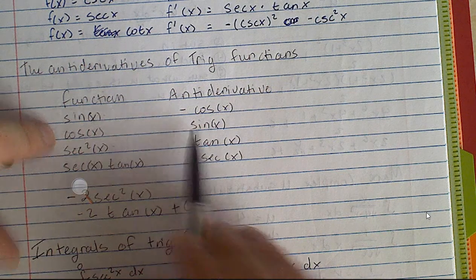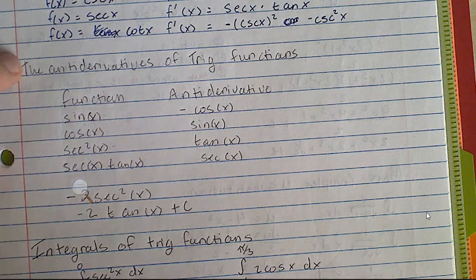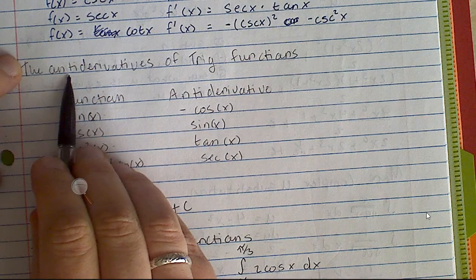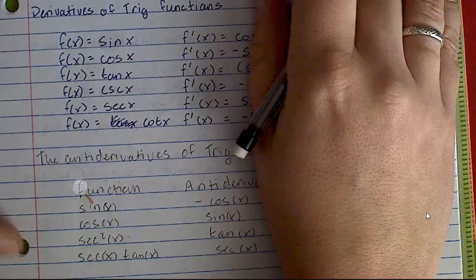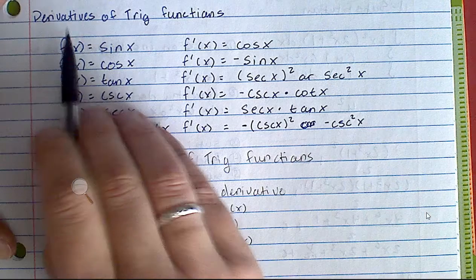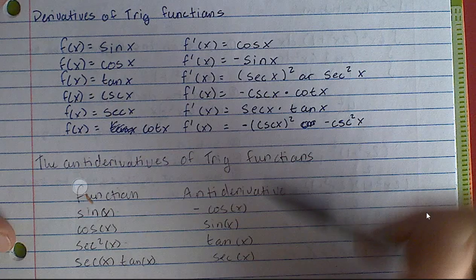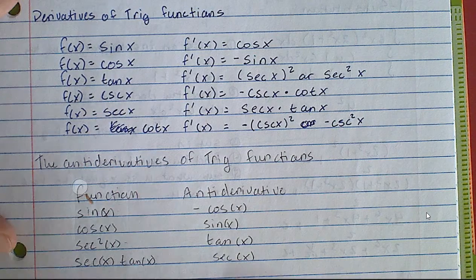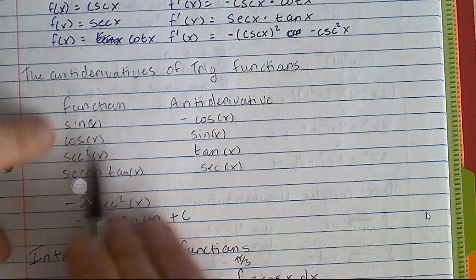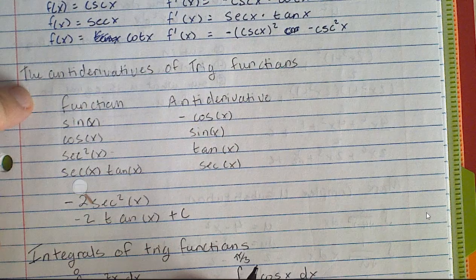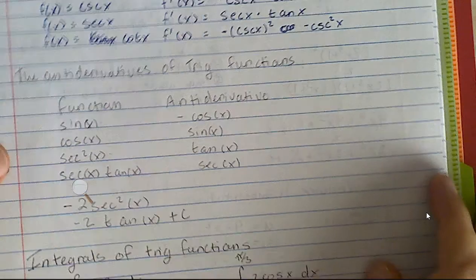I'm using the integral, which means I'm using the antiderivative. If I wasn't using the integral, I'd be using the plain old derivative. But if it's the integral and you're going backwards, then I'd be using antiderivatives of trig functions. Kind of, sort of? All right.